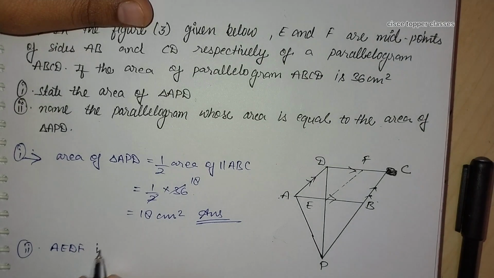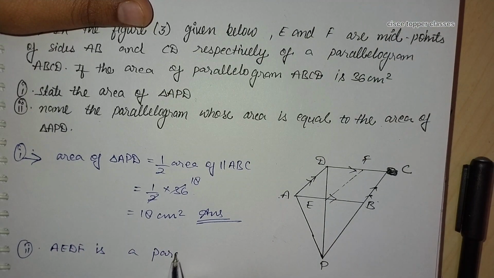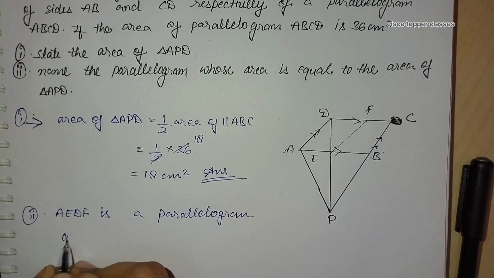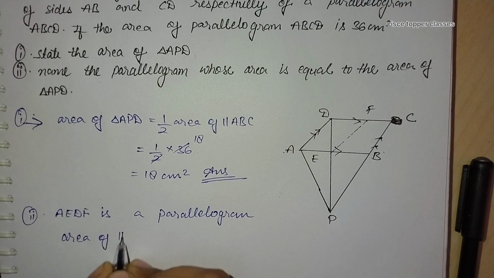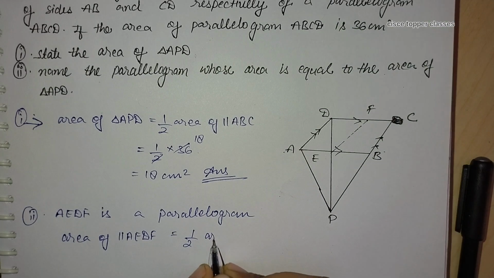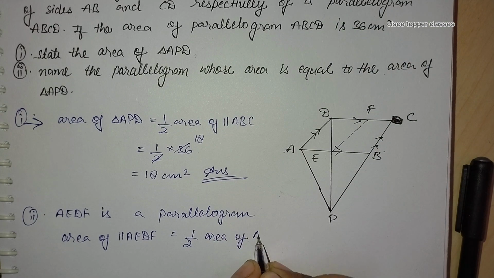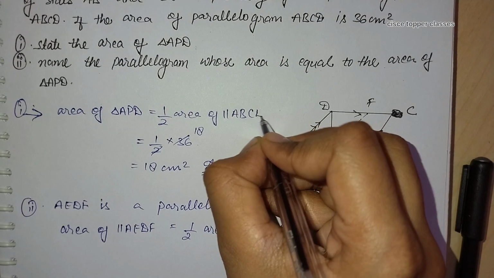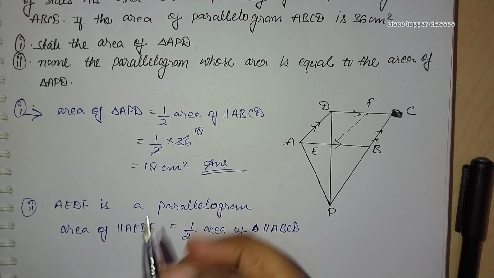If AEDF is a parallelogram, we can write area of parallelogram AEDF is equal to half of area of parallelogram ABCD, same as that of area of triangle APD.